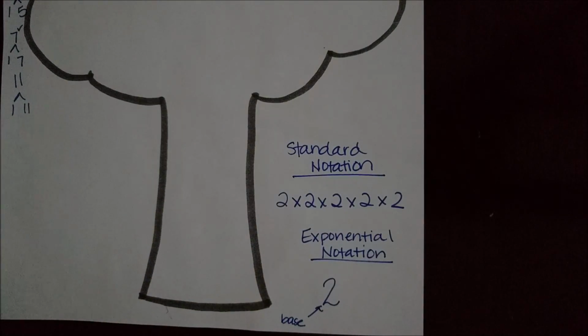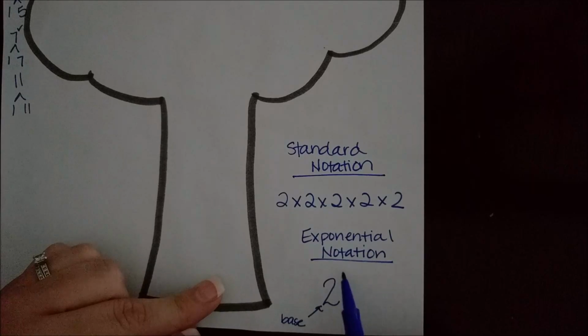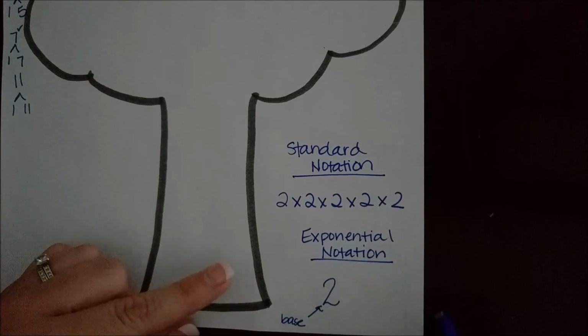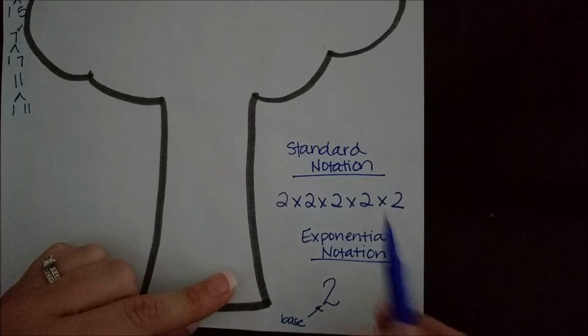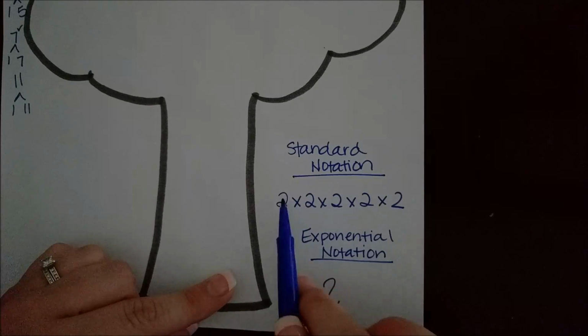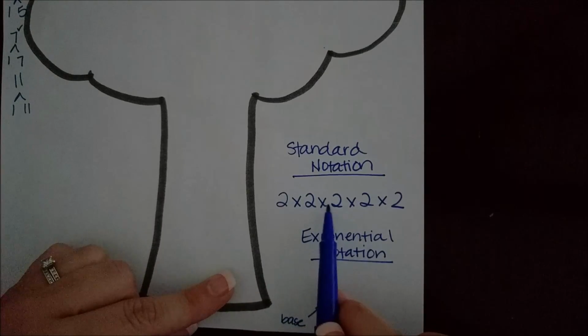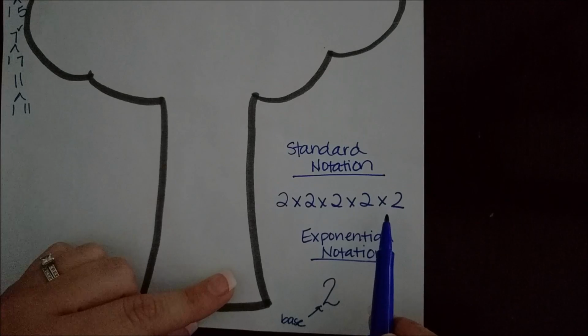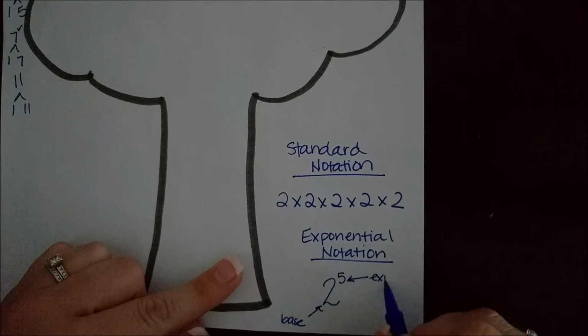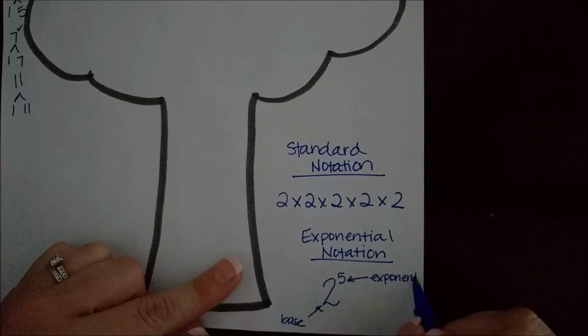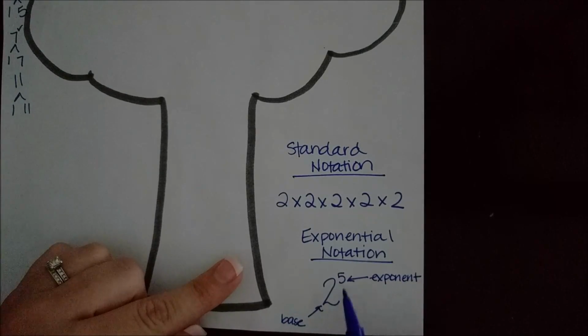Then I need an exponent. An exponent is a small little number that goes up top here. The exponent tells me how many times to multiply the 2 repeatedly. So how many times did I multiply the 2? Let's count. 1, 2, 3, 4, 5. I multiplied it 5 times. So there's my exponent. My base is my big number, my little number is called my exponent.